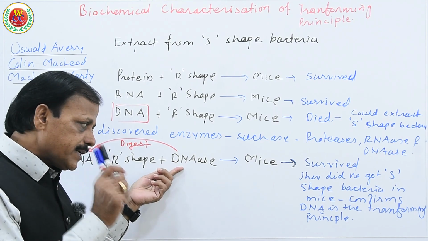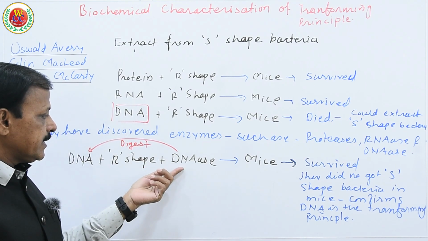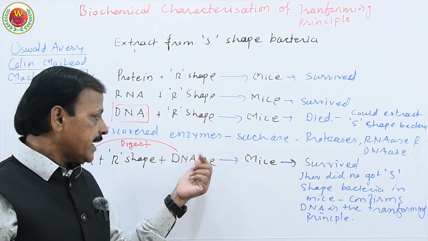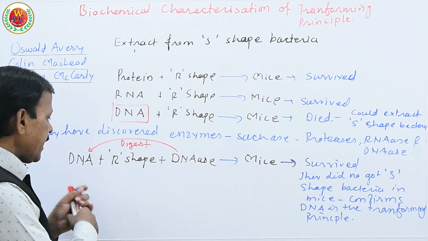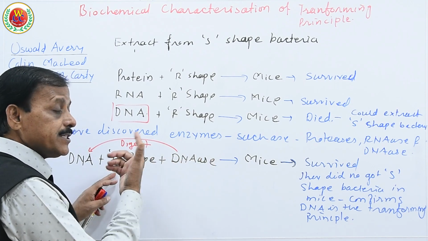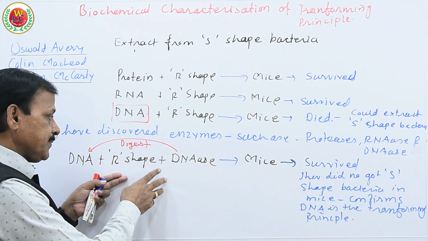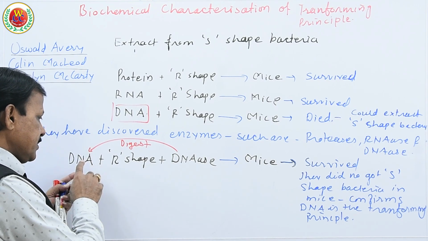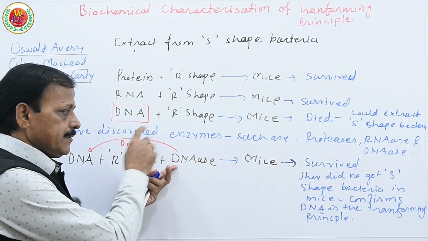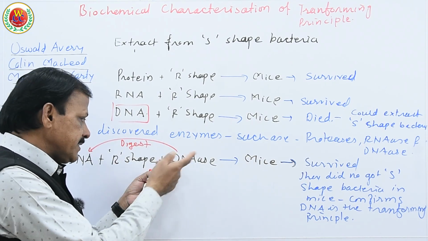This is because of the control experiment done by MacLeod, McCarty and Avery using different enzymes: proteases, RNase and DNase. When they added DNA, R-shape and proteases, there was no change, R-shape remained R-shape and the mice died. When they used DNA, R-shape and RNase, the mice died.